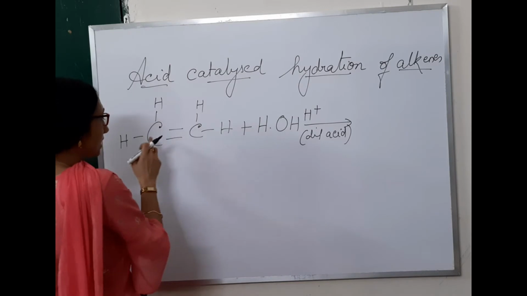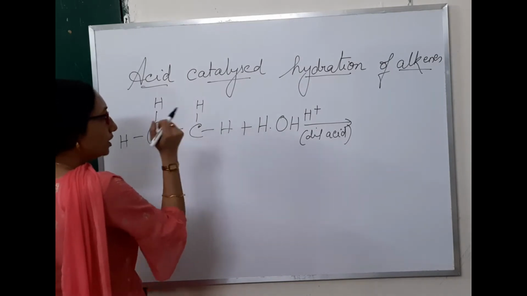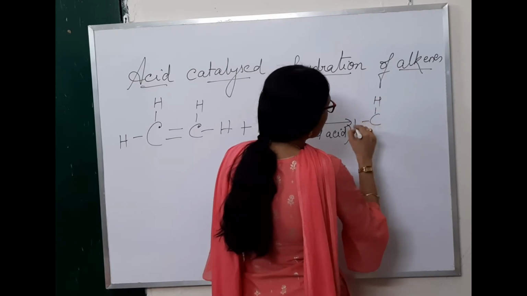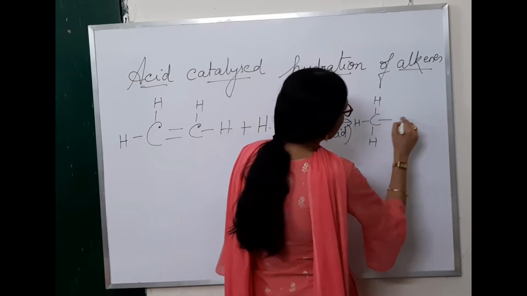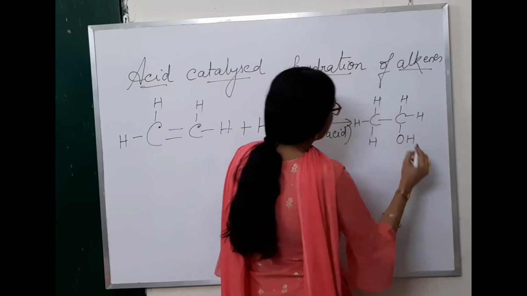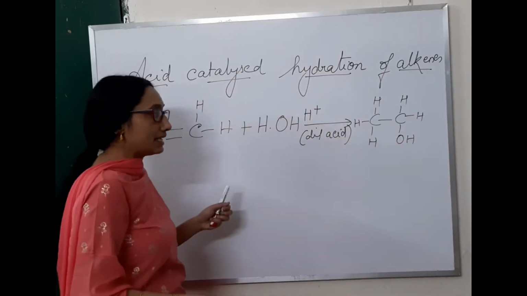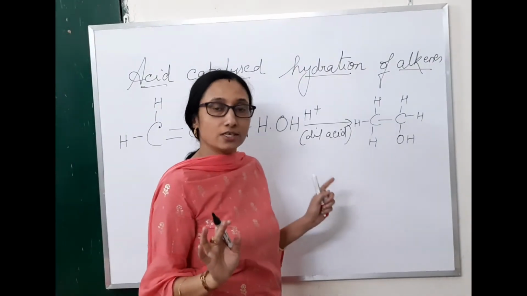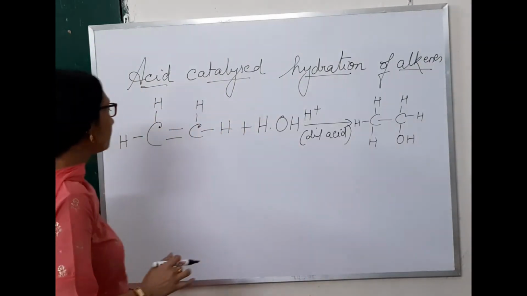So H will add to this carbon and OH will add to this carbon and we will get ethyl alcohol. So acid catalyzed hydration of ethene is a very good method for the preparation of ethyl alcohol.